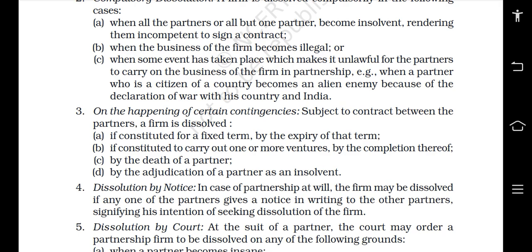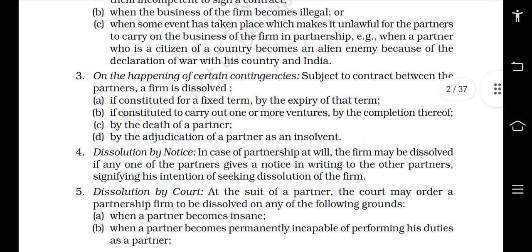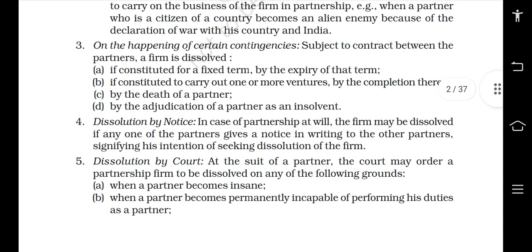On the happening of certain contingencies, subject to the contract between the partners, a firm is dissolved. Some particular condition: if constituted for a fixed term, suppose one firm is constituted for a particular period, say 5 years or 10 years, for that duration only, then after that particular time the firm automatically gets dissolved by the expiry of that term.